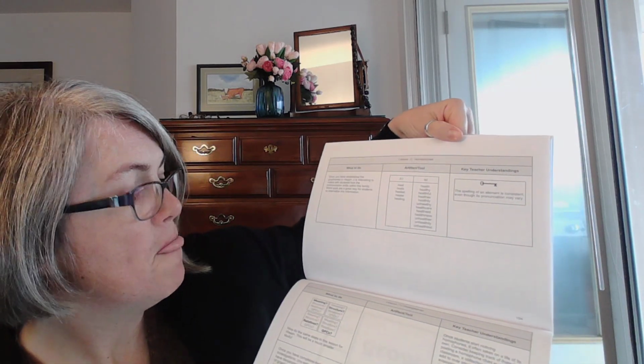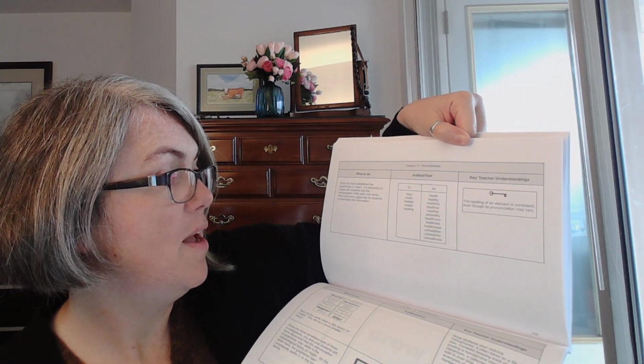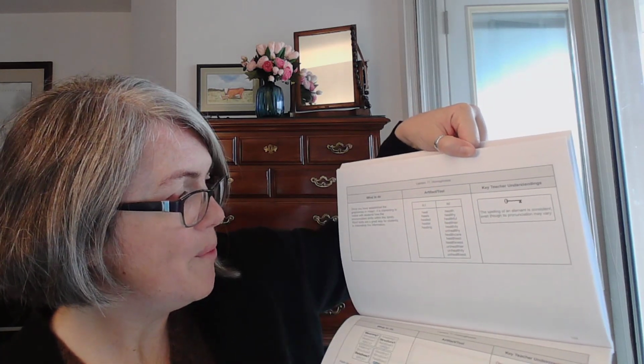Let me see if I can find the end. By the time you're done, you've really set the stage for kids to do much more independent inquiry projects on word forms and breaking things down. So it's a great way to get kids started in a classroom on morphology.